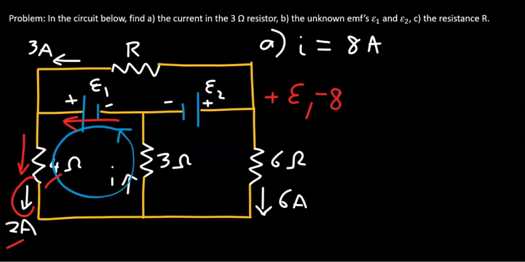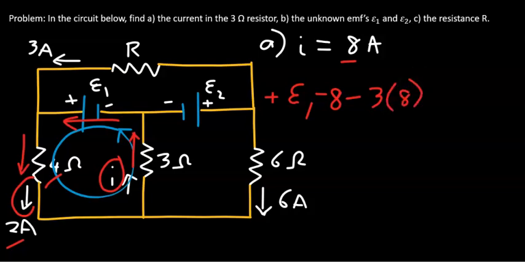And finally, to complete the loop, we'll go through the 3 ohm resistor in the same direction as that current I. So the potential difference across the 3 ohm resistor will pick up a negative sign, namely minus 3 times I, and I is 8 ampere from part A, so 3 times 8.